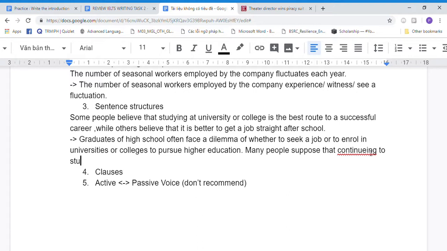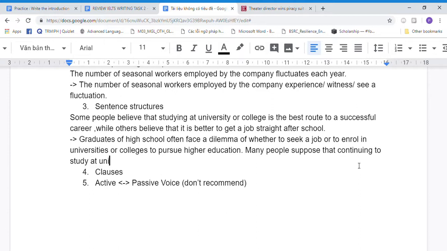Oh my gosh, continue doesn't have the E. Be careful typing. I always check my typing mistakes after I finish my essay. It is really important to study, continuing to study.